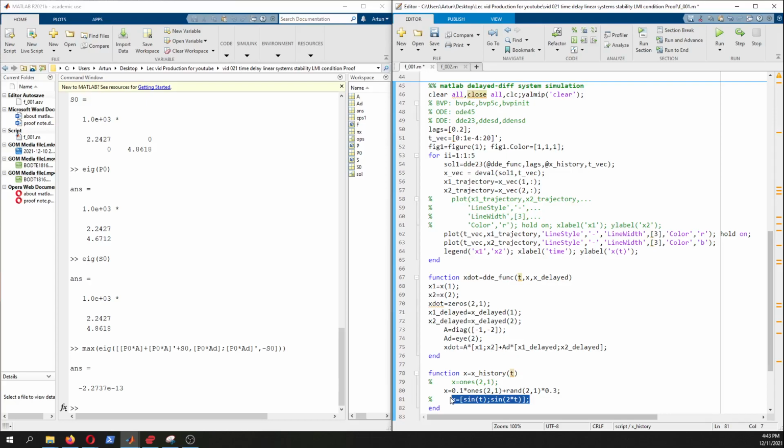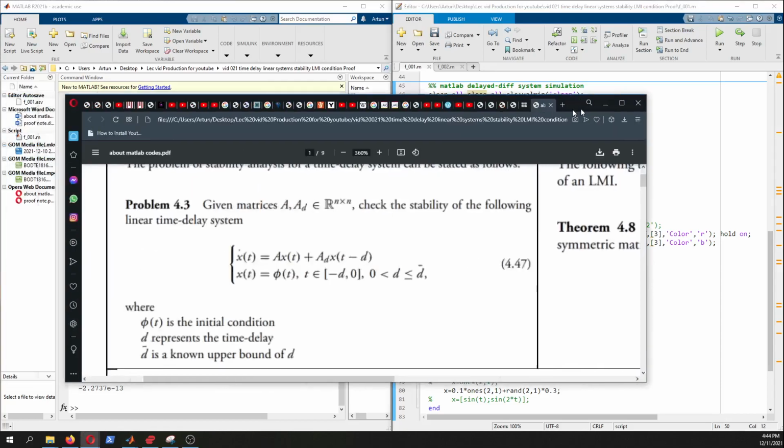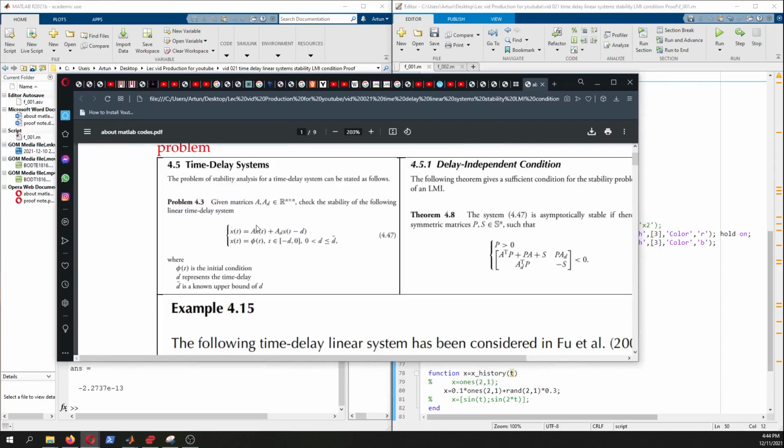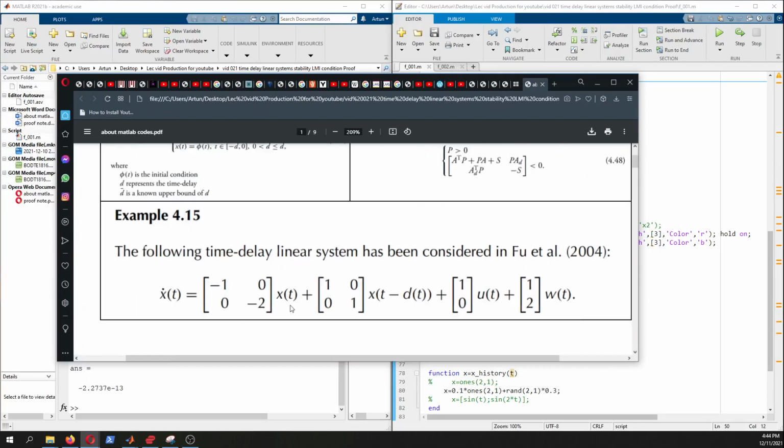However, we have a 0.2 seconds delay, so we need to take trajectories between minus 0.2 seconds and 0, because we are going to use that portion of the signal, because it is a delayed differential equation here.